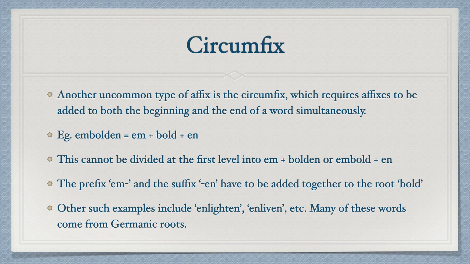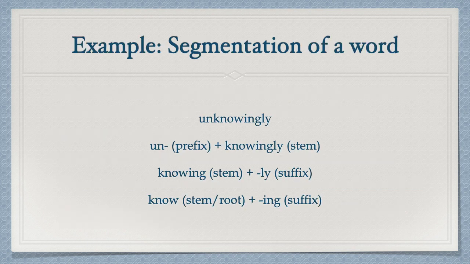In the previous lesson, we said that the process of breaking a word down into its constituent morphemes is called segmentation. So here is an example of a segmentation. Earlier, we had a larger word and then we just broke it down into separate morphemes. But now we are going to break it down in a very systematic manner.